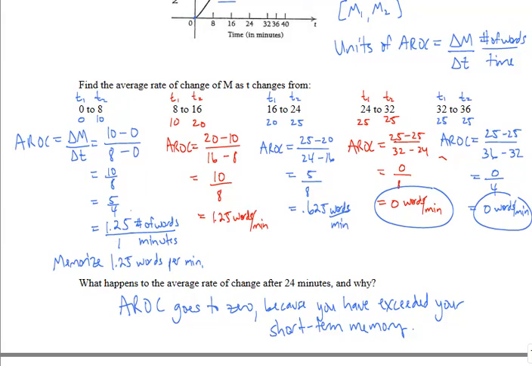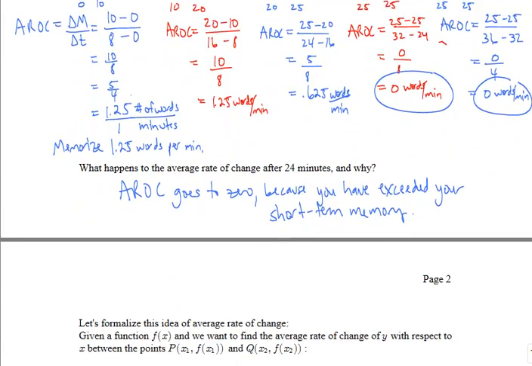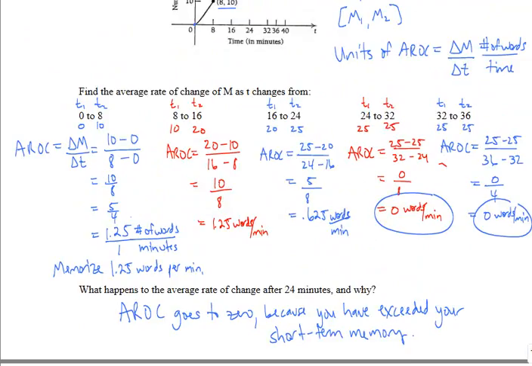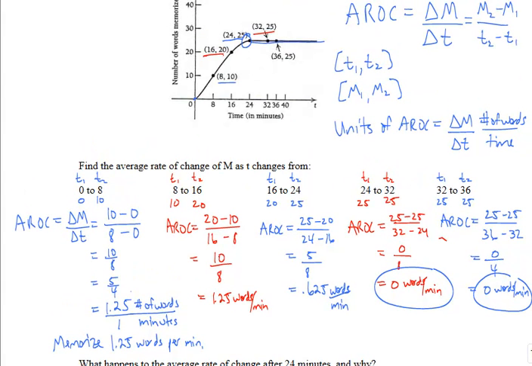Okay? So average rate of change, just like slope, if we look at, for example, this average rate of change of 1.25 words per minute over the interval 8 to 16 minutes, this average rate of change that we calculated, 1.25, corresponds to the slope between these 2 points, right here and right here.